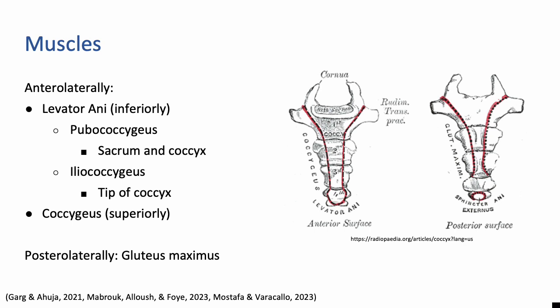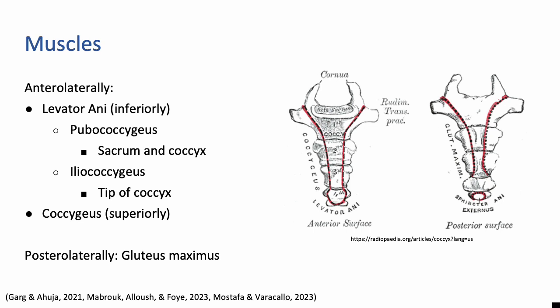So muscles. Several muscles actually attach to the coccyx. Anteriorly and laterally, we have the levator ani, 2 of those muscles, the pubococcygeus and the iliococcygeus, attached to the coccyx. The pubococcygeus is going to attach to the sacrum and the coccyx, and then the iliococcygeus is going to be at the tip of the coccyx.